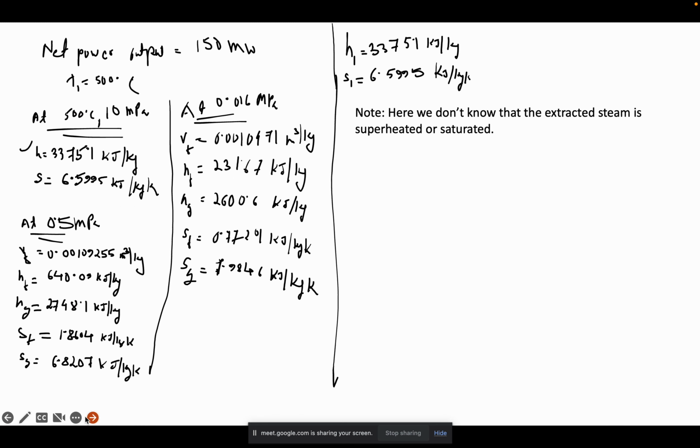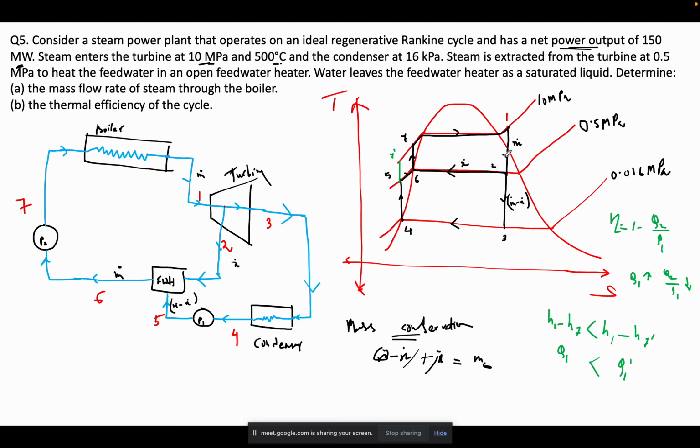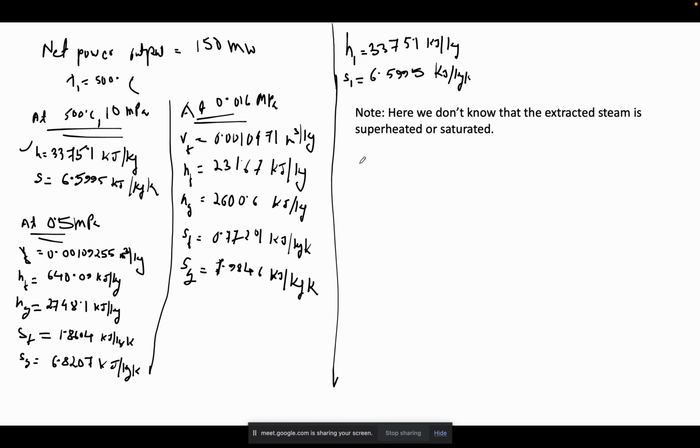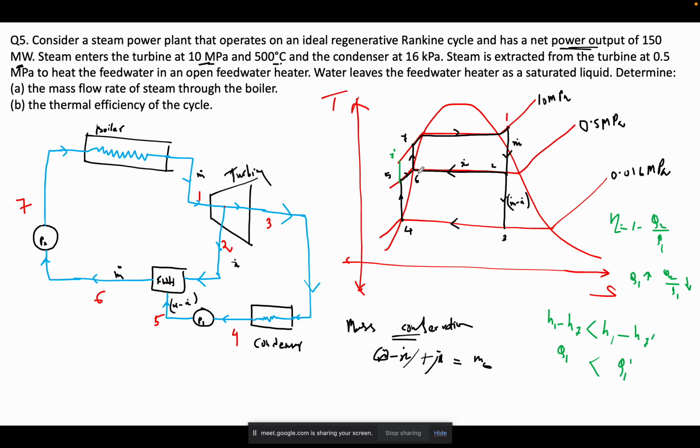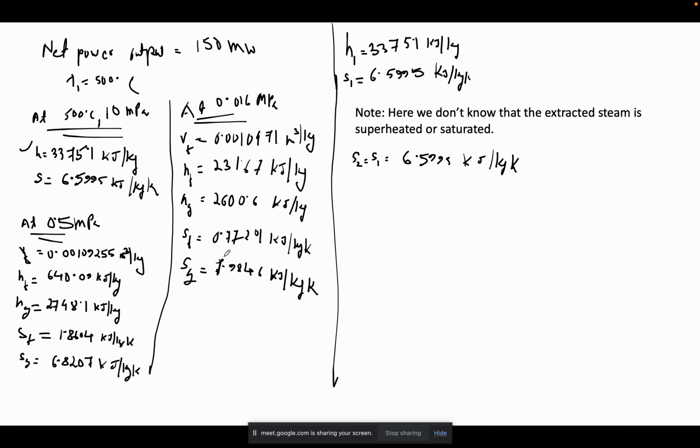Okay, so what we know now, since this is an isentropic process, S2 will also be equal to S1, and that will be equal to 6.5995 kilojoule per kg Kelvin. Now we just need to check, because at this pressure level we know Sf and we know Sg. If my S2 lies between Sf and Sg, then my figure is correct. If it is greater than Sg, it should be in the superheated state. Now Sf is this one and Sg is this one.